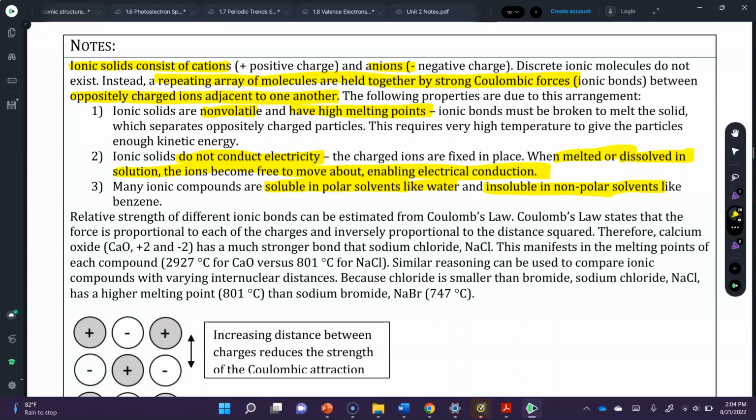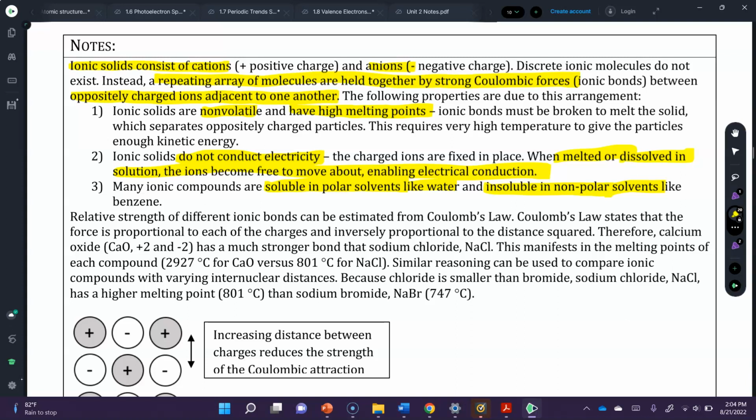This manifests in the melting points of each compound, and you see them there, seeing that calcium oxide is much higher than sodium chloride, due to its much larger ionic charges, so stronger force of attraction, so you need a higher temperature to melt them.